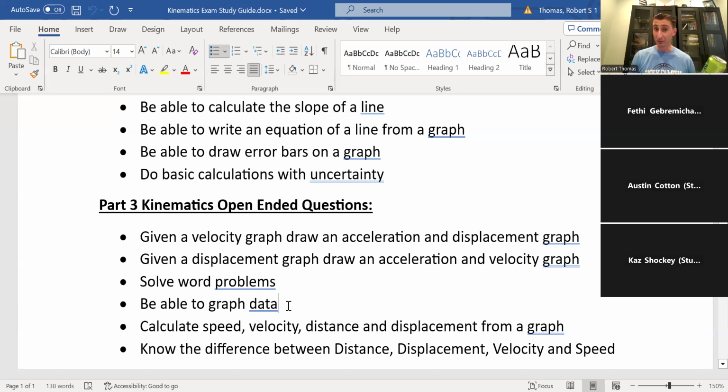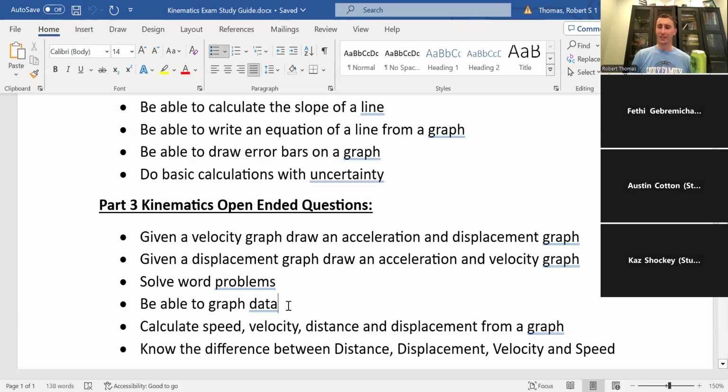Nobody knows that? If you're driving at a constant speed, what's your acceleration? Are you guys messing with me right now? It's 0, right? Everybody knew that.